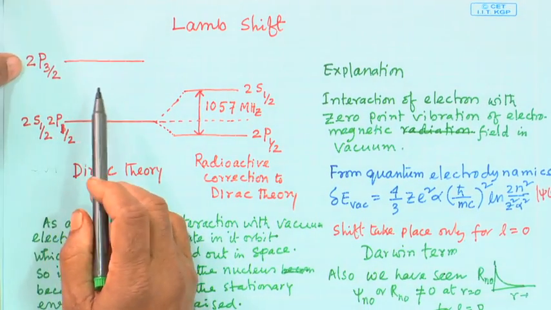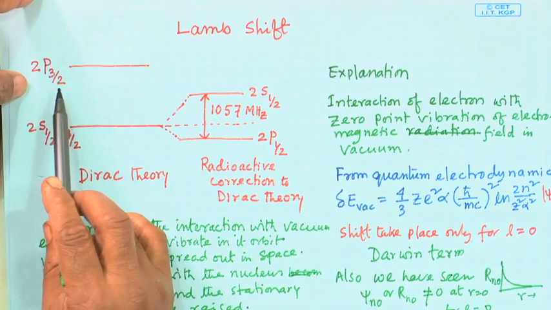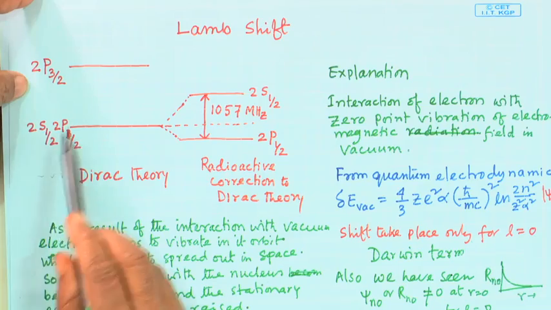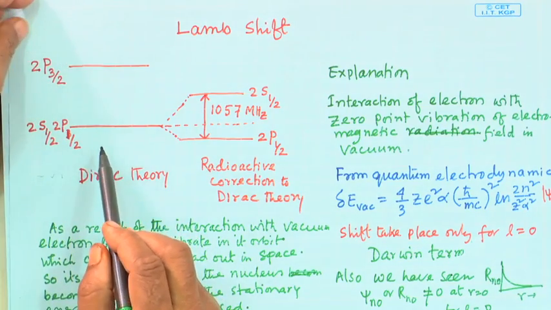So originally, as per the Dirac theory, P3/2 and P1/2, S1/2 have two energy levels.